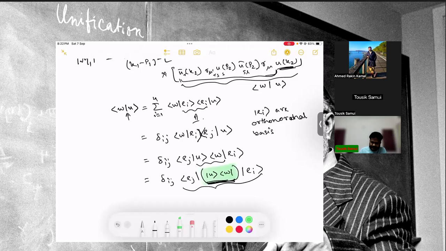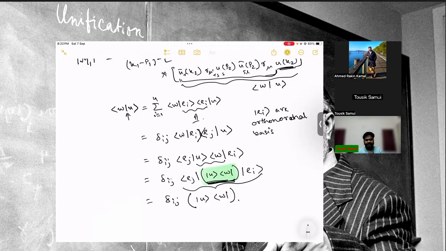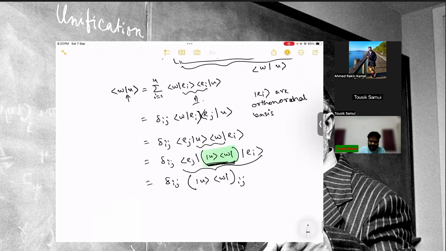So this can be seen as the ijth element of this operator. If you remember, how do we find the elements of an operator given a basis? This is precisely that exercise. And now this is nothing but the trace of this operator.